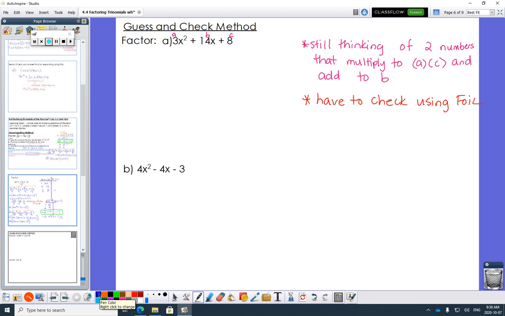So when you do these kinds of questions, the first number is 3, so it's going to have to be 3x and x, because those are the only multipliers that can get us to 3.